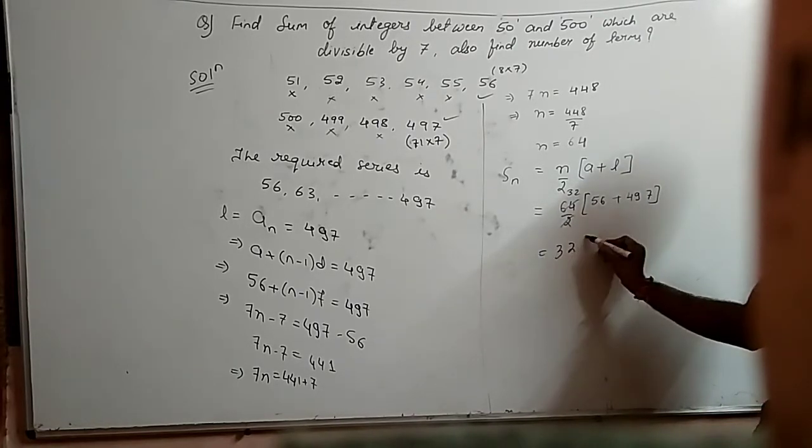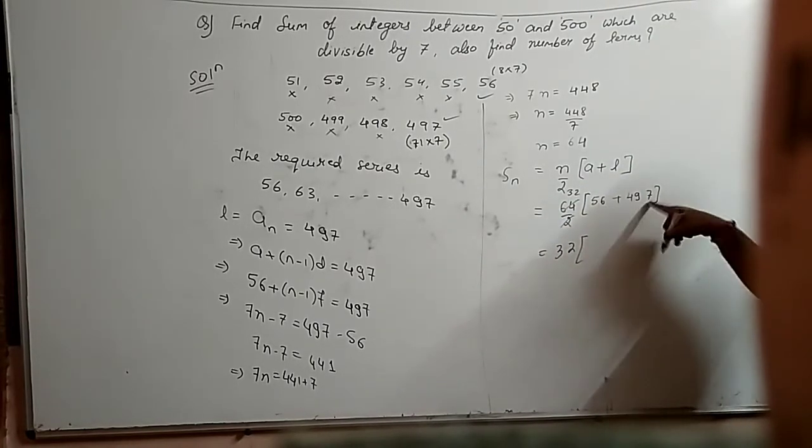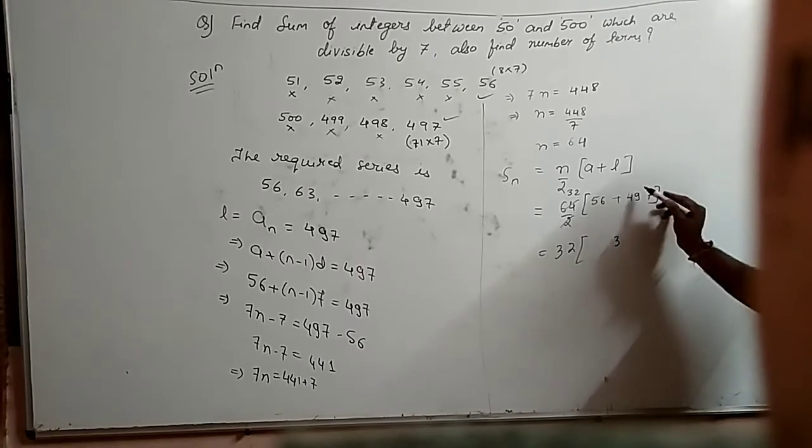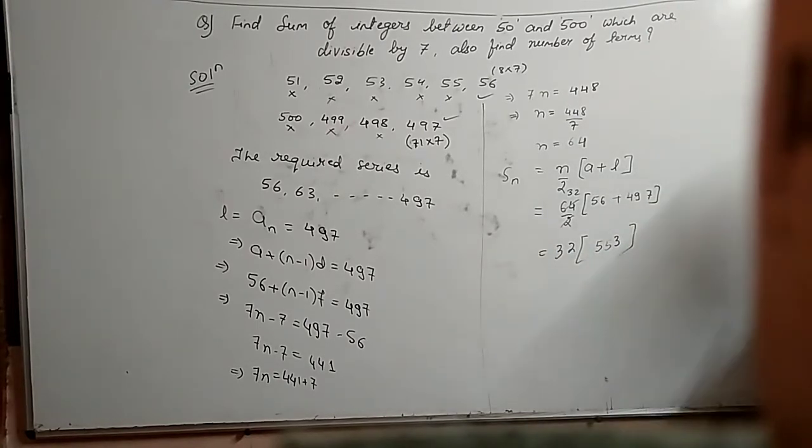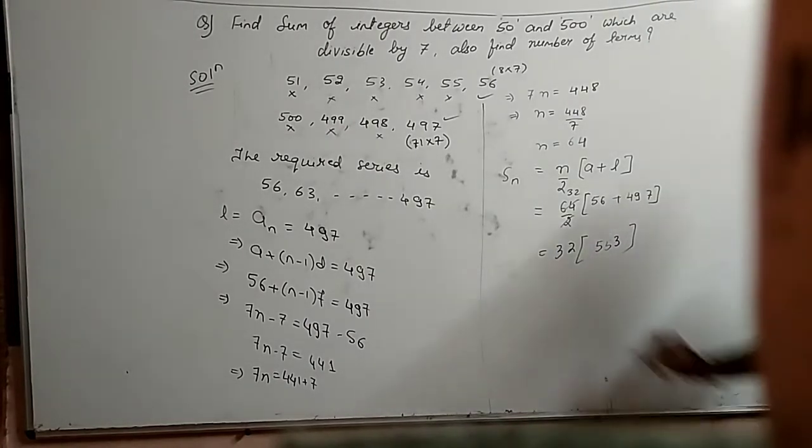So 32 into 56 plus 497, which is 553. 553 into 32.